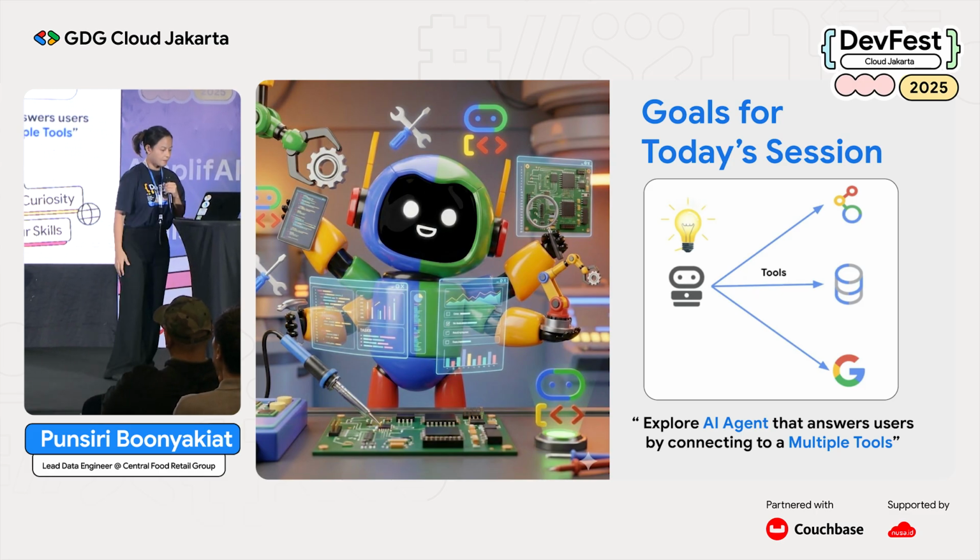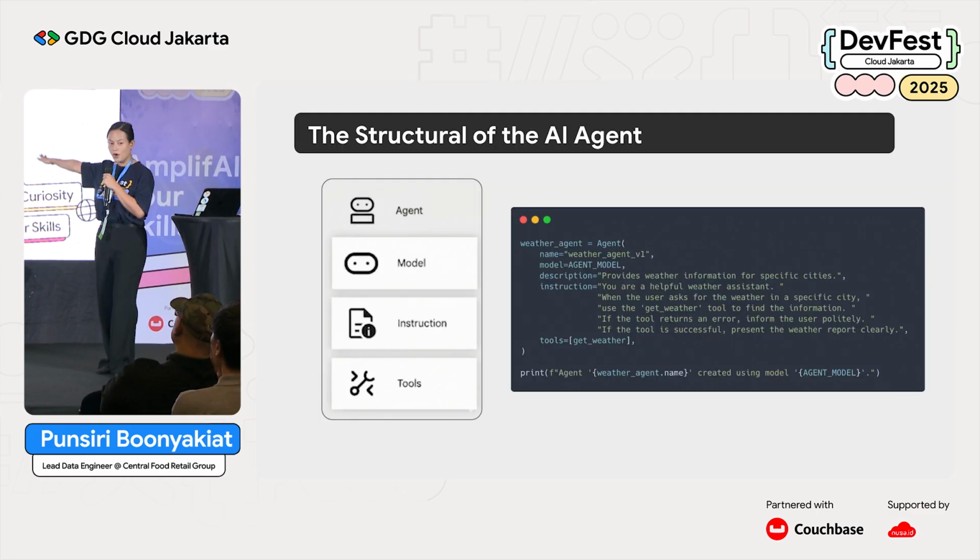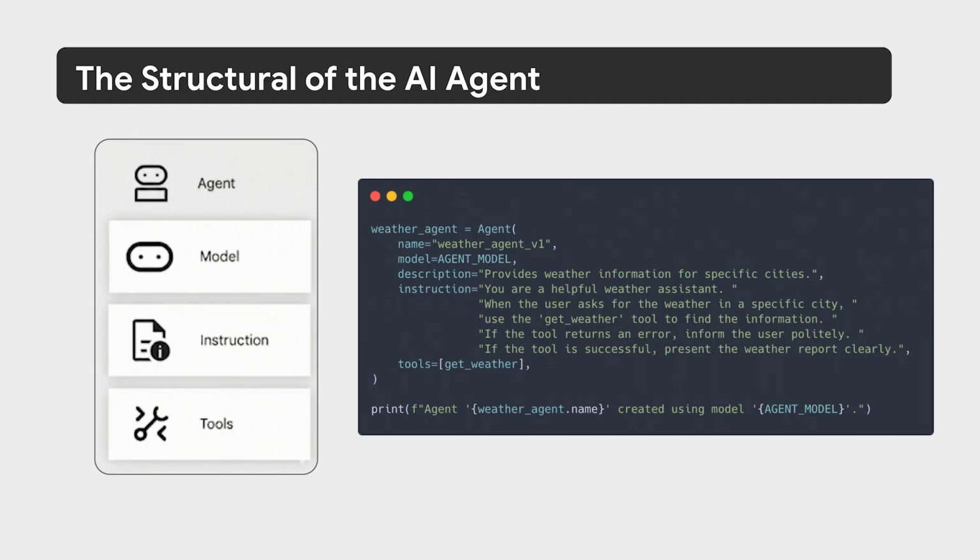Okay, here is a simple code sample of the ADK. When you install it, you will write the instruction of your agent. In the code you can see the parameters of a waiter agent. It's just the class for how you define your agent in Python code.